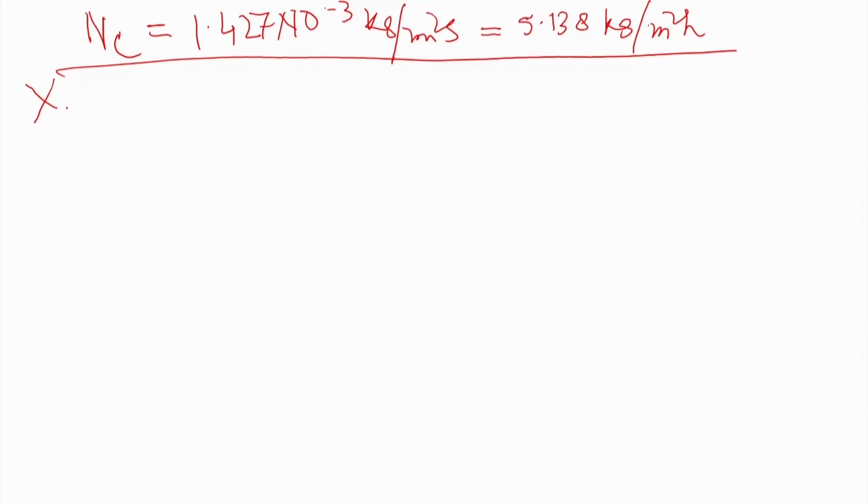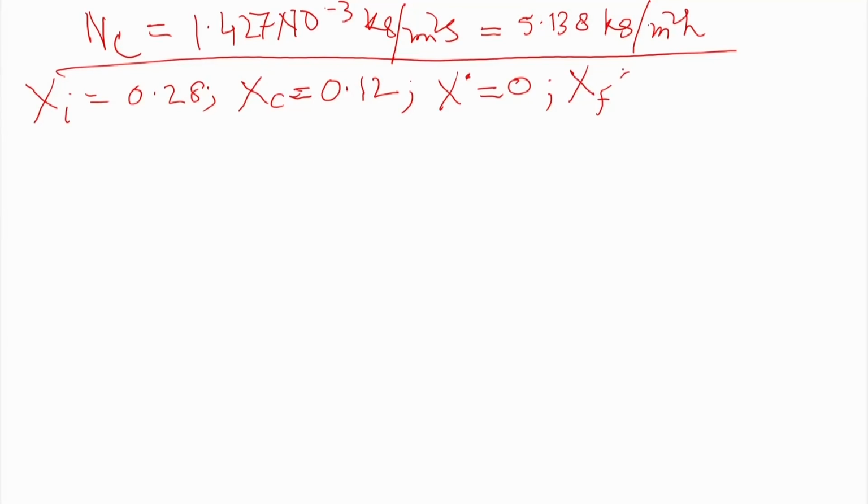Now, Xi is 0.28, Xc is 0.12, and X star, the equilibrium moisture content, is negligible, so we take it as 0 for the calculation. The final moisture content is given as 0.5%, so 0.005, and the loading Ss by A is given as 35 kg per meter square.